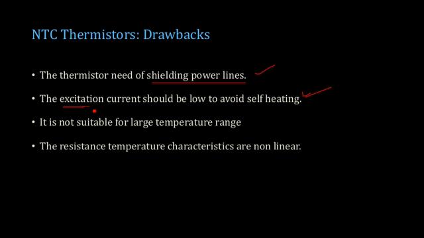And once the current increases, your self-heating effect also increases, and it leads to a reduction in resistance. So that should be avoided. It is also not suitable for a very large temperature range. And as you can see, the temperature curve is not linear. It shows a non-linear shape. So these are some of the drawbacks that you can think about related to thermistors.